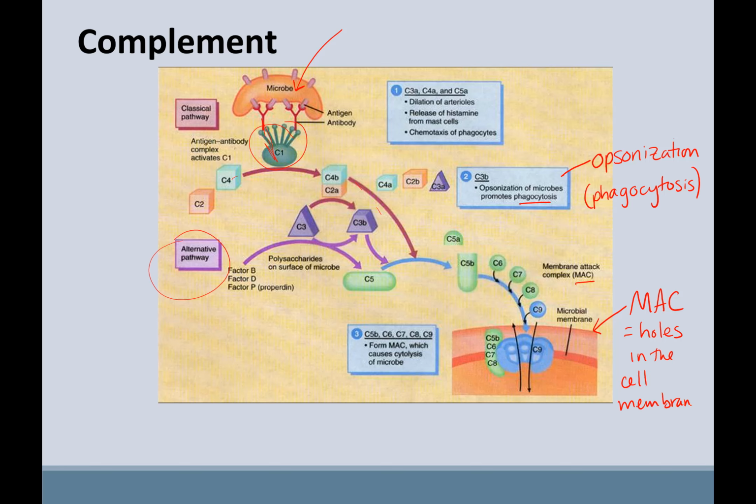And you can imagine if you start punching holes in a cell's membrane, it's going to die. Okay. The other word up here I want you to see is chemotaxis. And that means using chemicals to attract other cells.